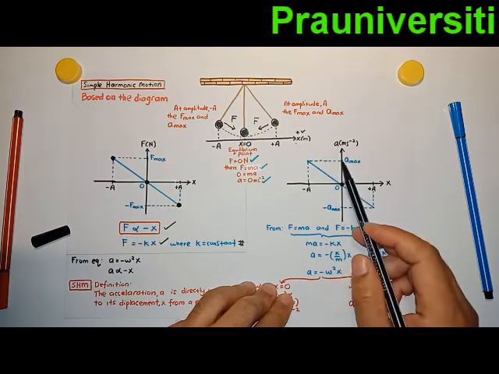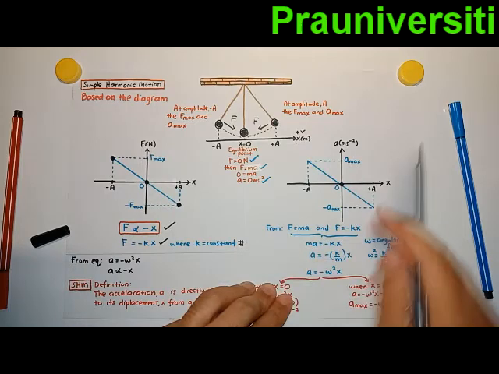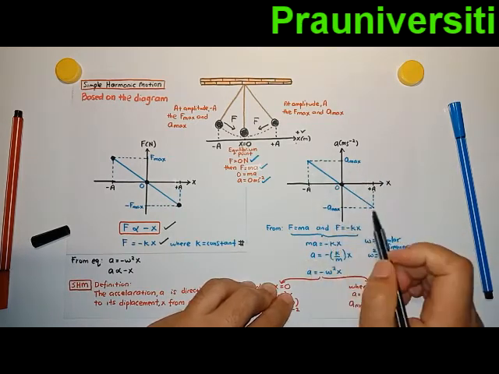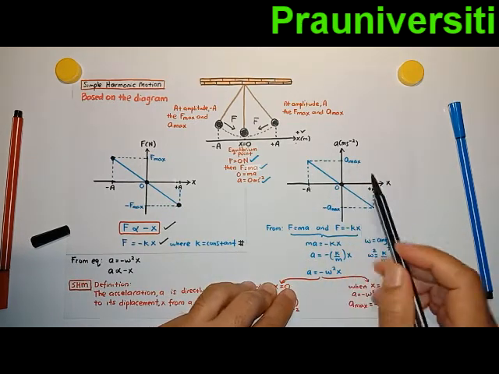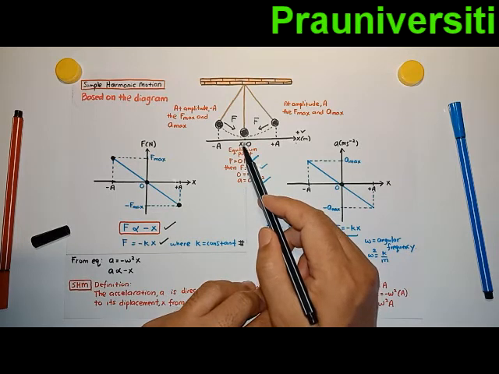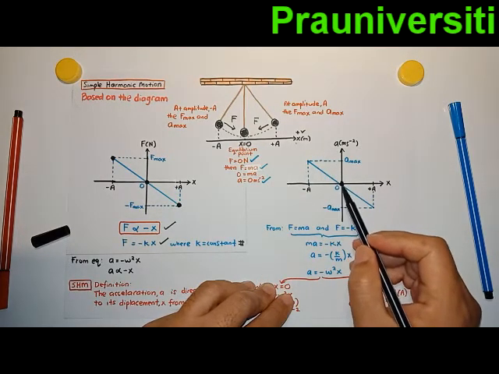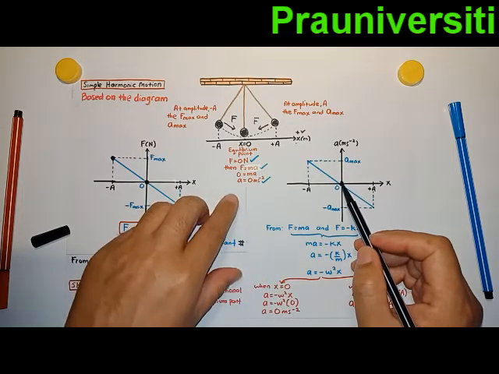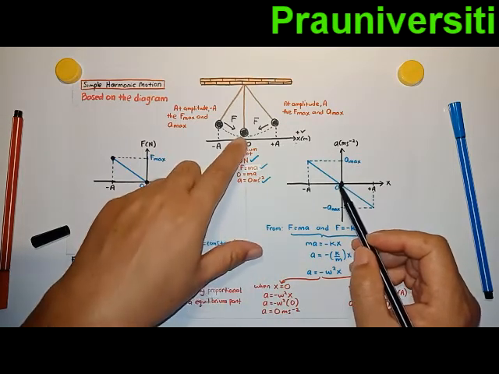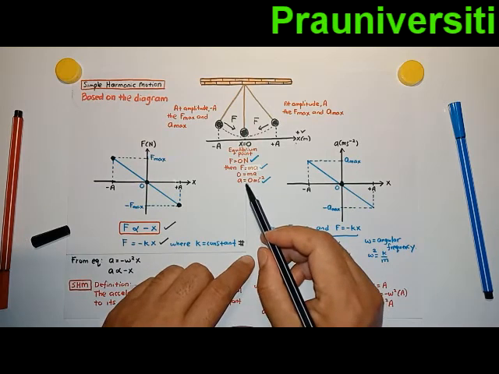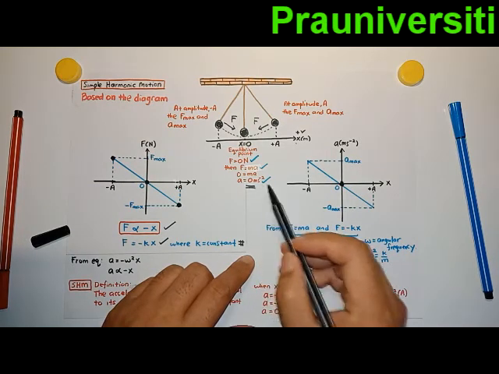Actually the graph for the acceleration and the graph of the F, the patterns look the same. So when x is equal to 0 here, a is equal to 0.